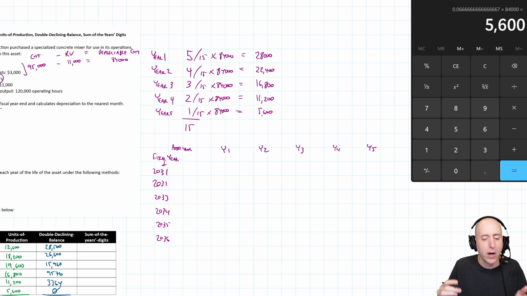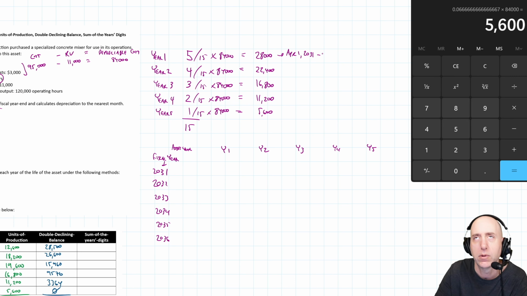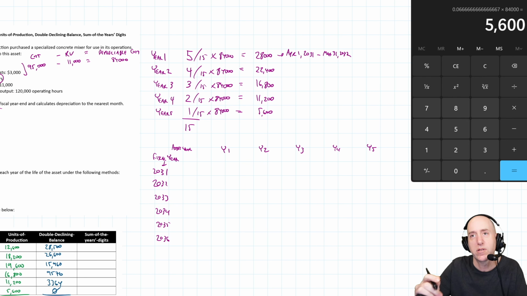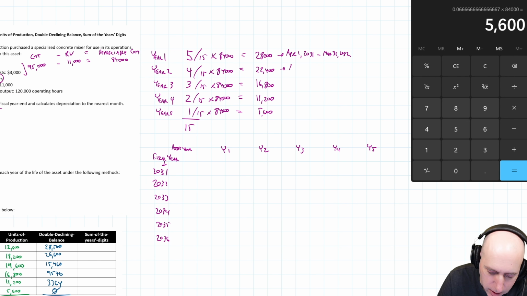And we need to remember our asset year doesn't match our fiscal year, because our asset year, this year 1 of the asset is April 1st, 2031 to January, February, March, to March 31st, 2032. It's 365 days later. This one is April 1st, 2032 to March 31st, 2033, and so on.